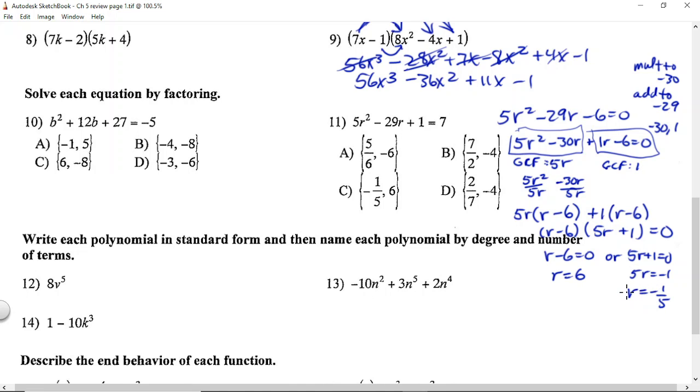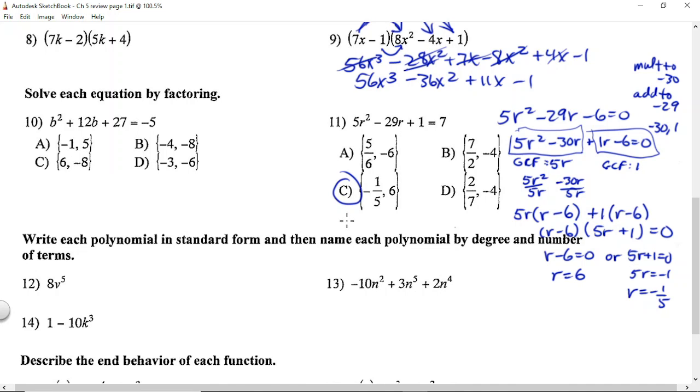Okay, so we have those two solutions, 6 and negative 1/5. And fortunately, that answer exists in our multiple choice, and there it is. Okay, so that's C.